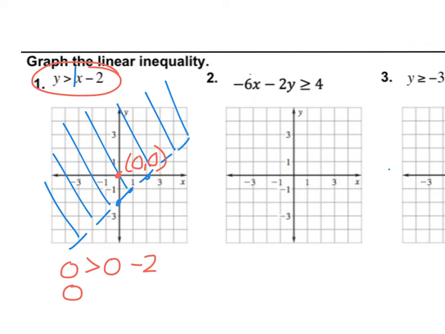Then you ask yourself, is 0 greater than negative 2? And it is greater than negative 2. So you know that 0, 0 is one of the solutions of this linear inequality, so therefore you would be shading in that direction. If it didn't include that, you would shade in the opposite direction.